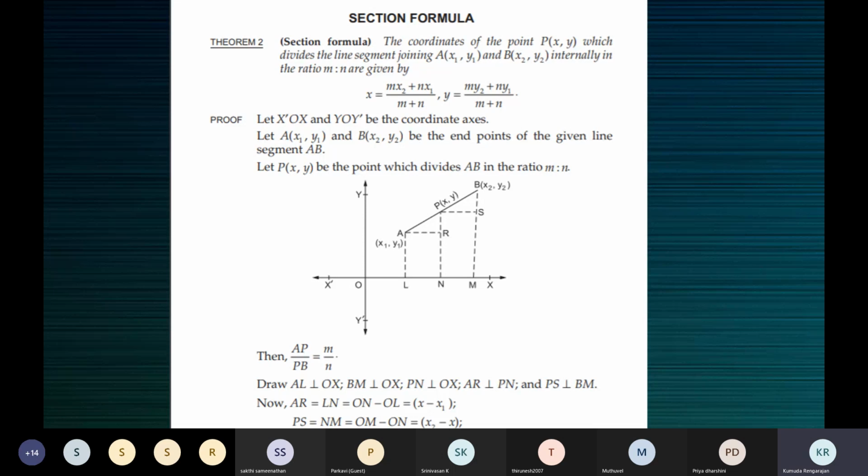Supposing you're given the volume, length and breadth of the cuboid, this formula can be used to find the height. Like that, the section formula has other uses. The direct use is what we are discussing now.